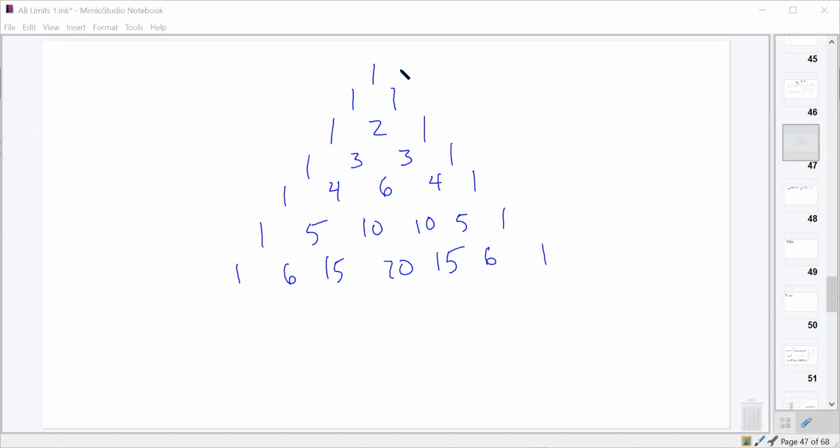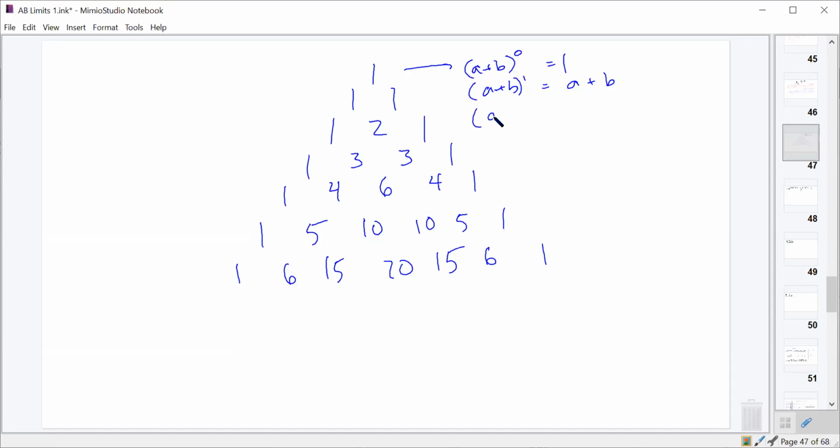Why? Well, here is a plus b to the 0 power. What does it equal? It should just be 1, right? And here's a plus b to the first power. What does that equal? It's a plus b.